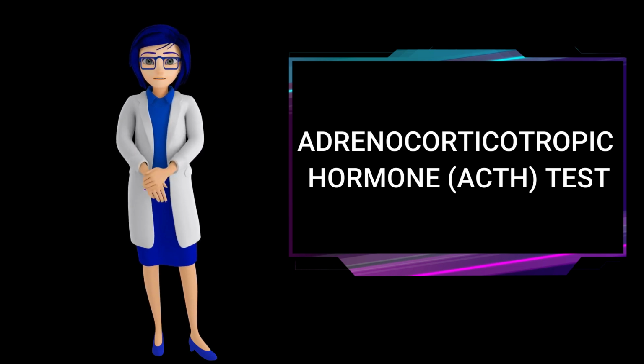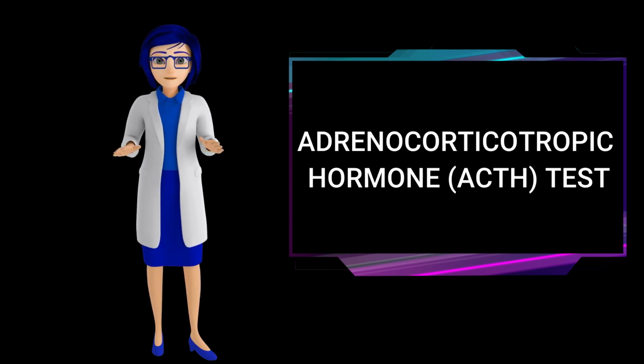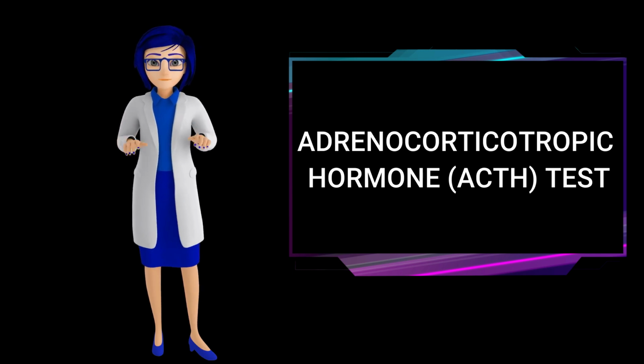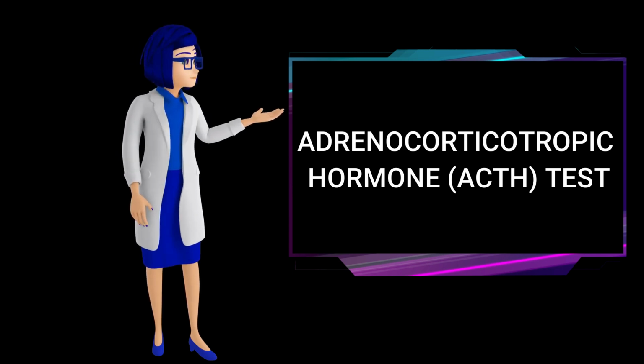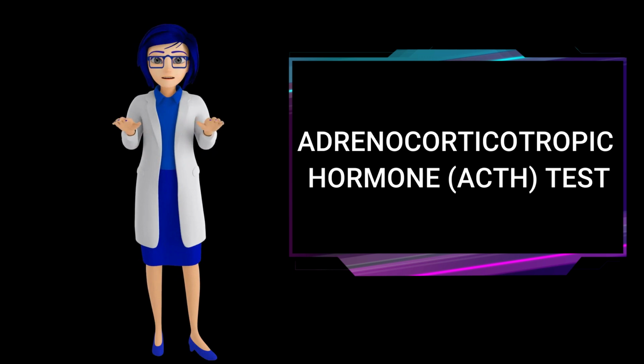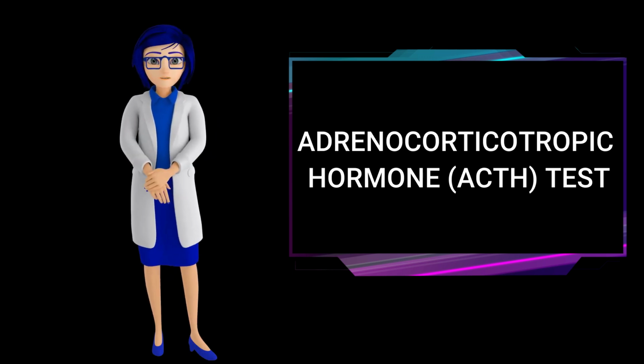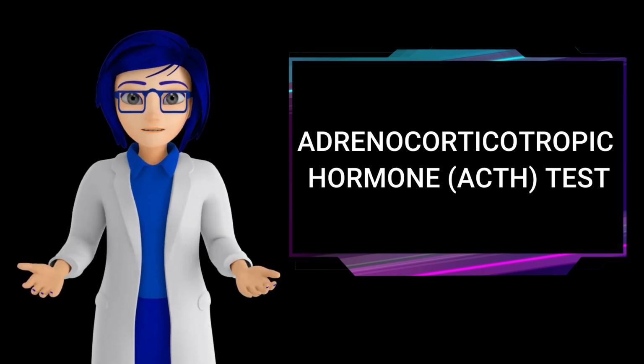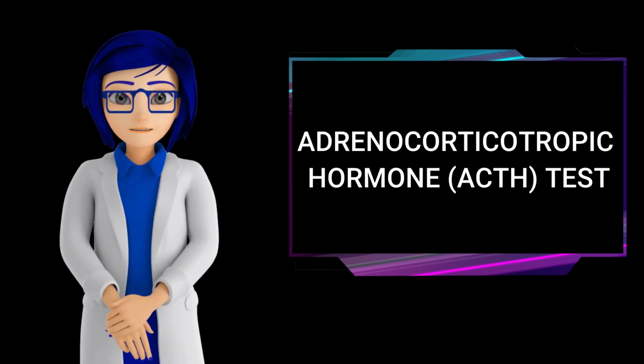Why do I need an ACTH test? You may need this test if you have symptoms of too much or too little cortisol. Symptoms of too much cortisol include weight gain, buildup of fat in the shoulders, pink or purple stretch marks, lines on the abdomen, thighs, and/or breasts, skin that bruises easily, increased body hair, muscle weakness, fatigue, acne.